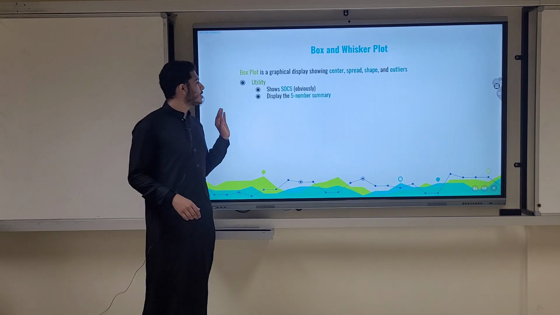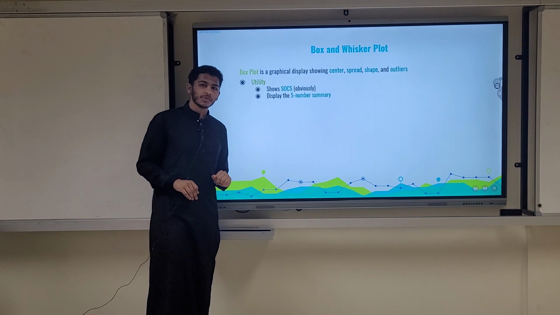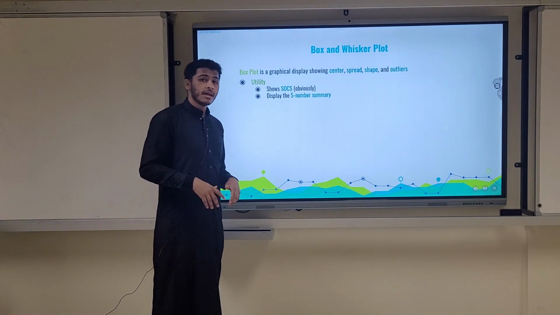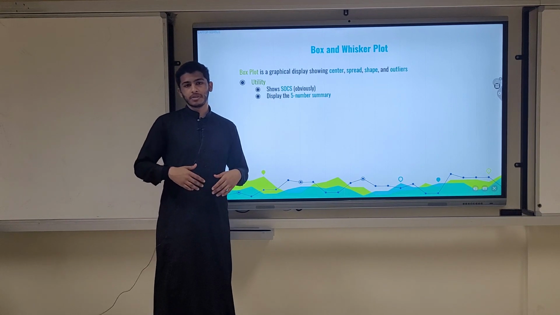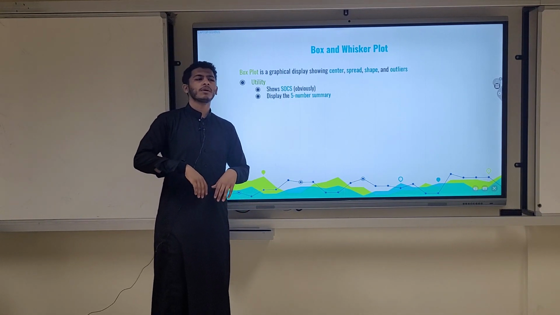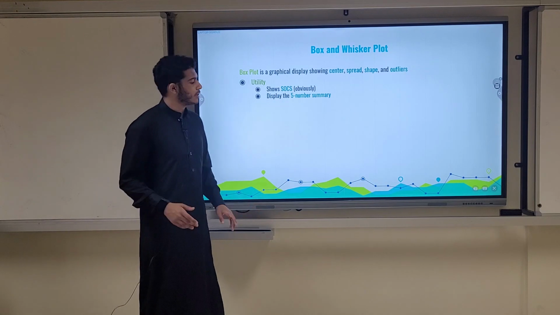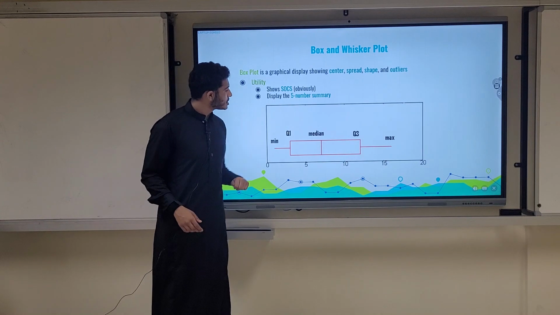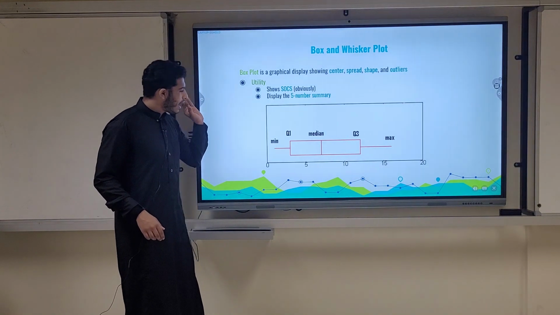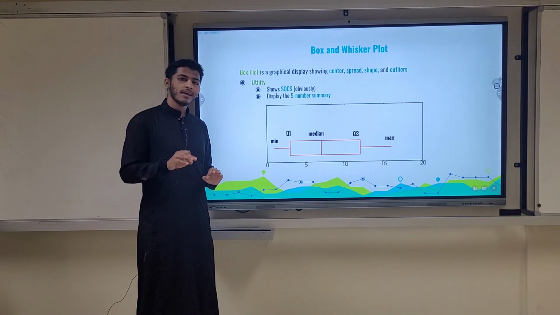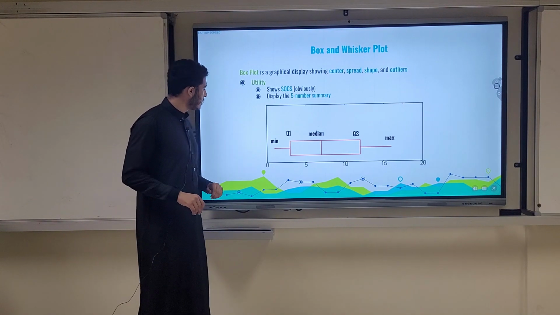Well, it shows you something called the five-number summary, which are five important statistical numbers that help you get an idea about the graph: what's your minimum value, what's your highest value, where the majority of your values lie. So here is a box plot with the five-number summary, where you can directly look at the graph and get exactly where each value is.